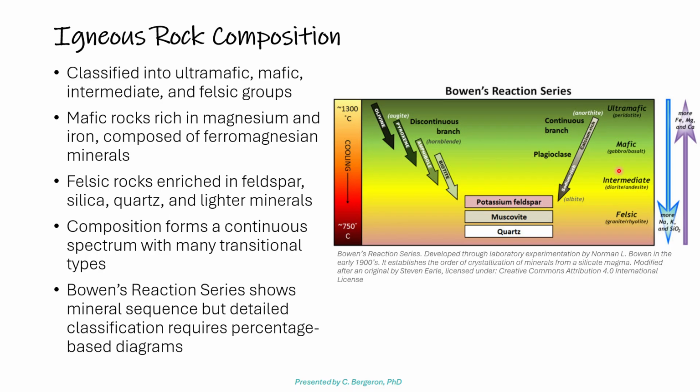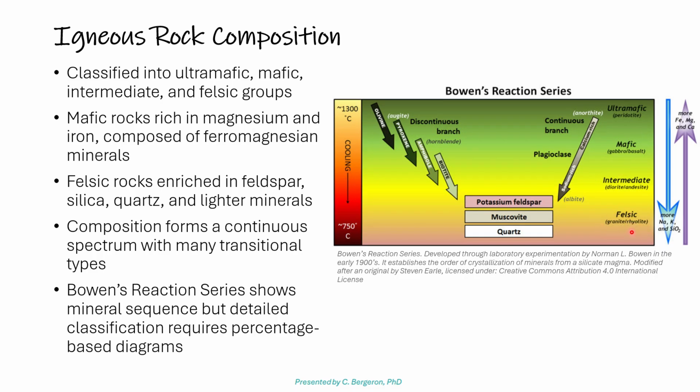So mafic refers to an overall composition that is high in magnesium and iron. The minerals that compose mafic rocks are referred to as ferromagnesian minerals, meaning that they are enriched in these elements. And on the other side of the spectrum, basically the opposite of mafic, is felsic.